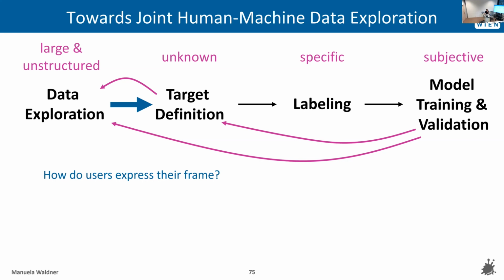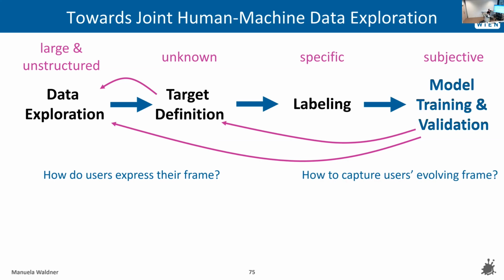And to come back to the project, what we would like to achieve is, on the one hand, to investigate how we can figure out what the user expects from the data. What kind of structure does the user see in the data? How can we do that in a very effective way so that the user's workflow during data exploration is not disturbed?